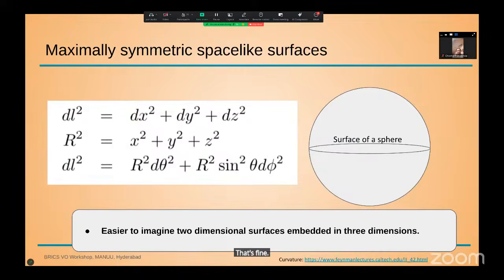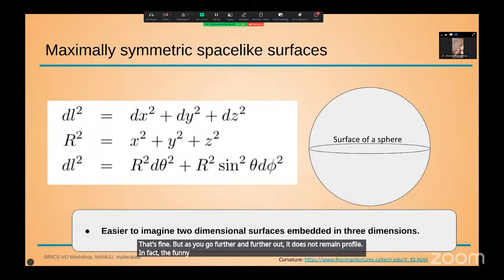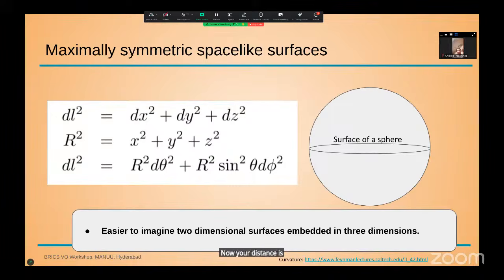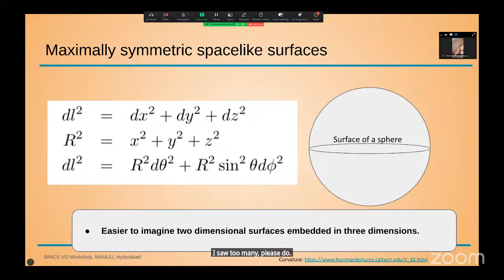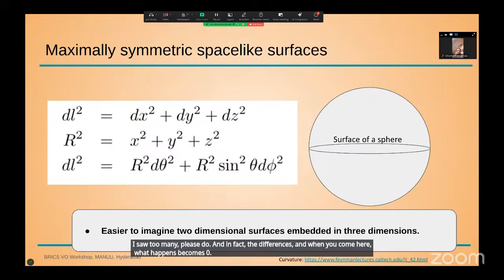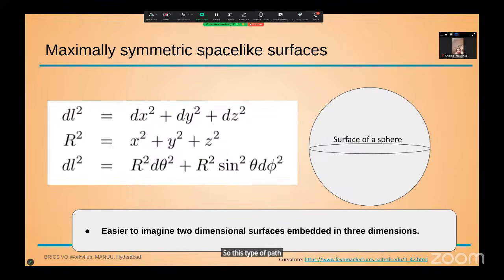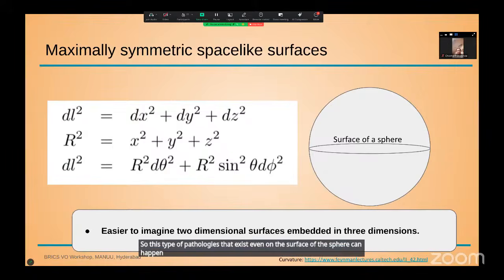When you are very close, it looks roughly flat, so it looks like 2 pi r. But as you go further and further out, it does not remain 2 pi r. In fact, the funny thing is that once you cross the equator, your distance is still increasing, but your circumference is actually decreasing. And when you come here, it becomes 0. So these kinds of pathologies that exist even on the surface of a sphere can happen in volume, in 3D space.